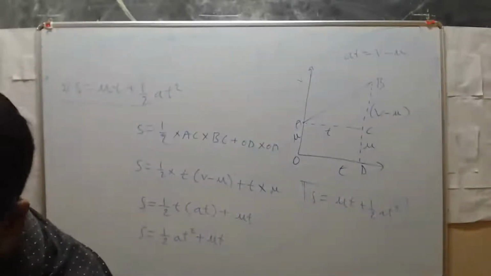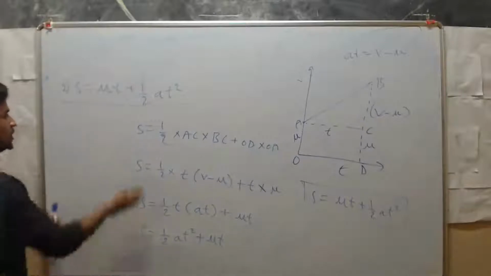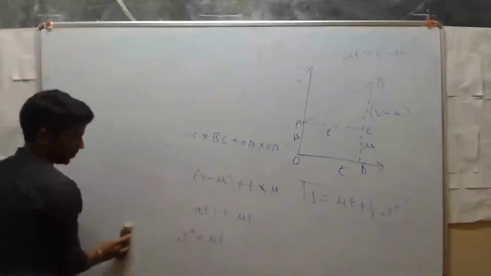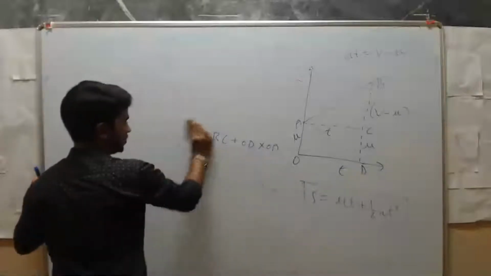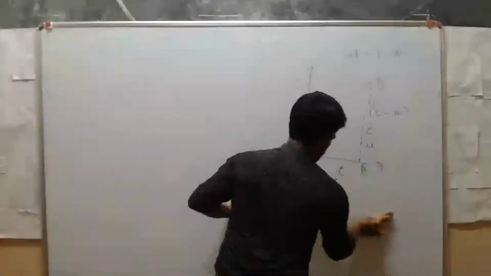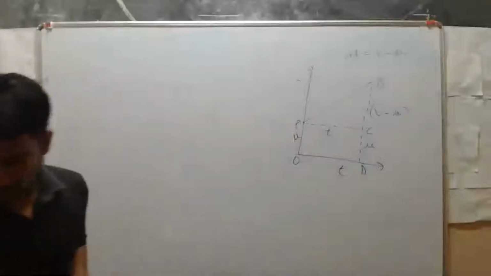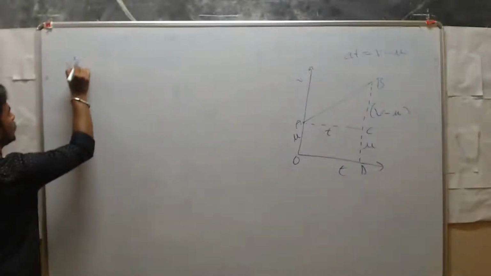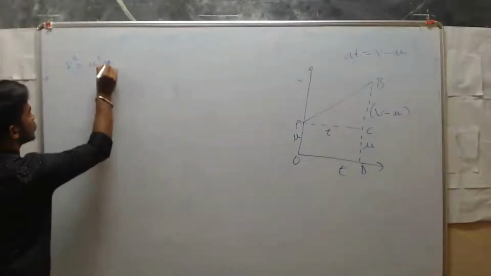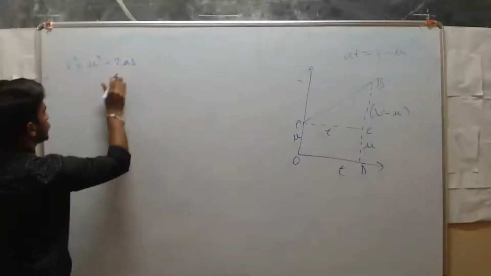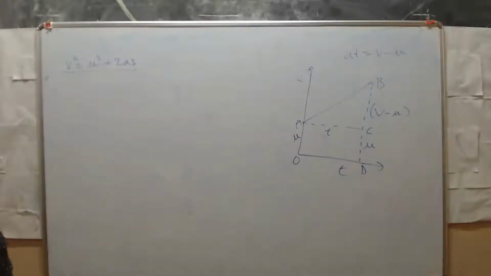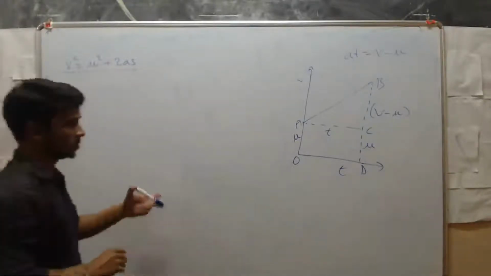Then we studied the third equation of motion, that is v square equals u square plus 2as. So the third one, v square equals u square plus 2as. Here also for this third equation of motion, we have considered that concept.